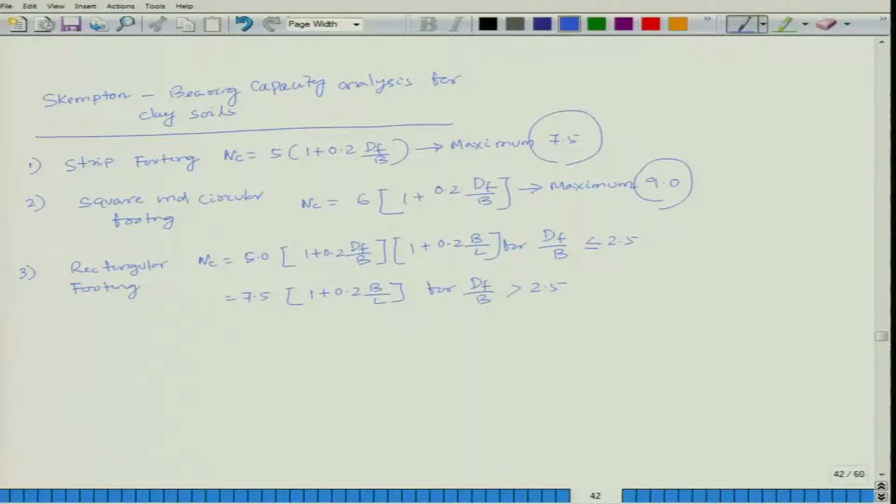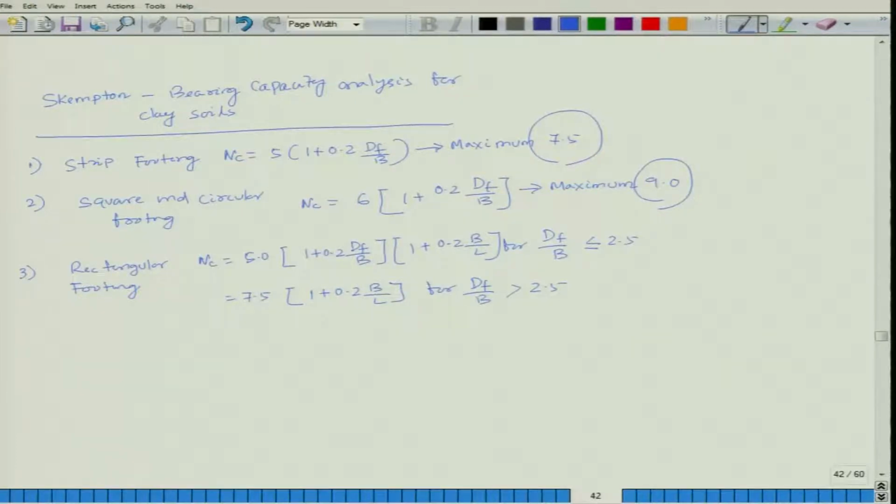Rectangular footing: Nc is equal to 5.0 into (1 plus 0.2 Df by B) into (1 plus 0.2 B by L) for Df by B less than or equal to 2.5, and again for rectangular footing with Df by B greater than 2.5, it is 7.5 into (1 plus 0.2 B by L). So, this is what Skempton has given for saturated clay.